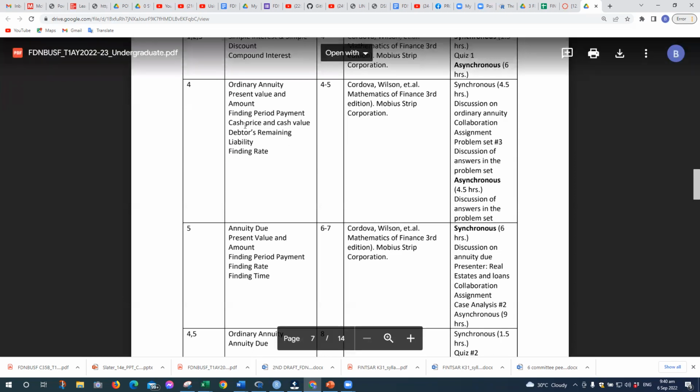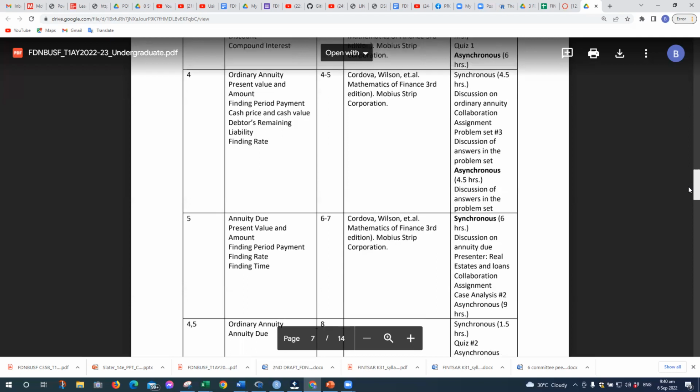Okay, so these are the different topics that we're going to discuss as regards ordinary annuity. And then you can look this up in Cordova or other references. Then aside from that, there are generally 2 types of annuities. You have ordinary annuity and annuity due.